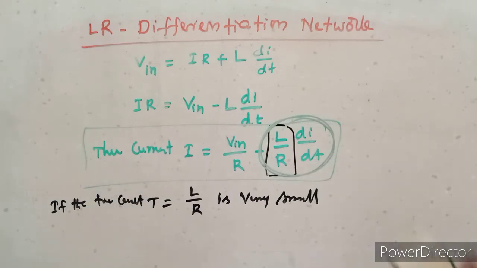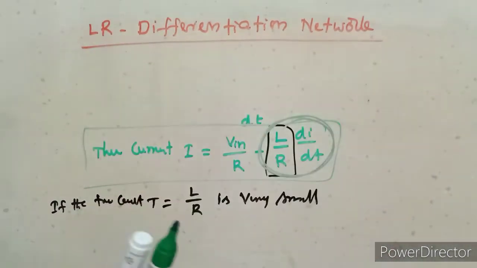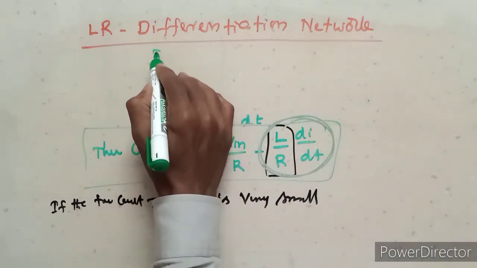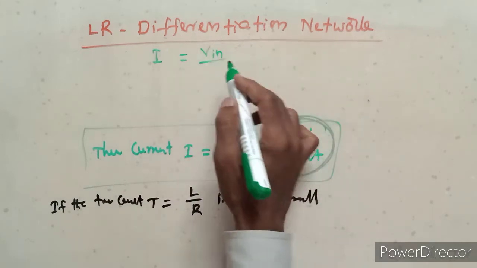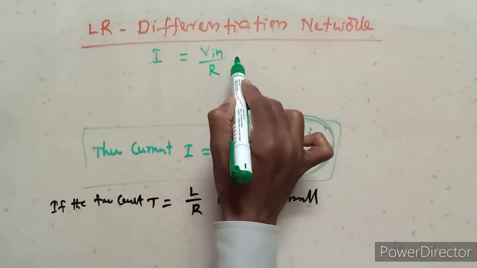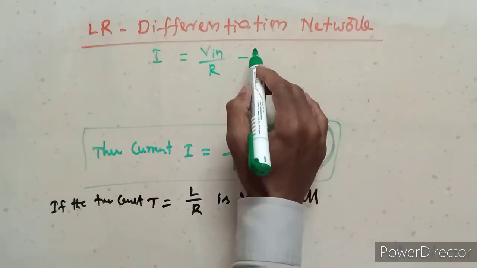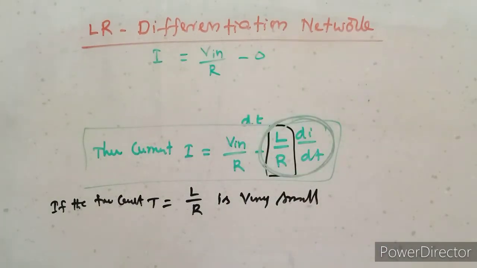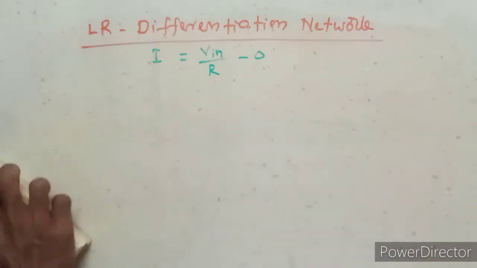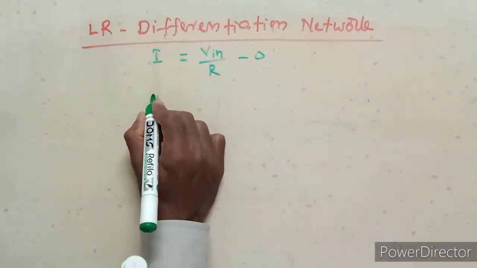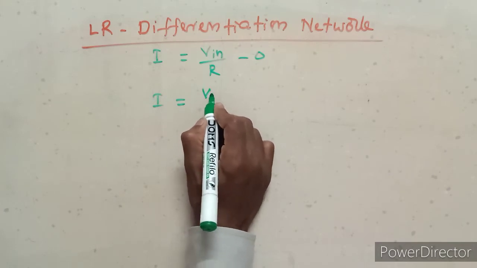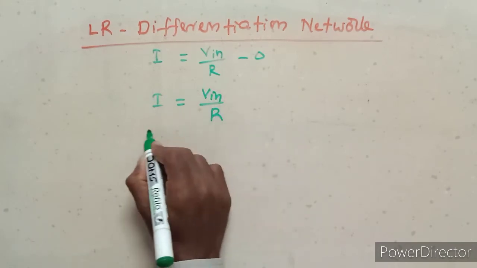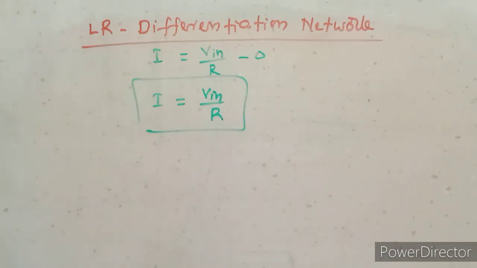So this equation can be written as current equals input voltage upon R, the neglected term being 0. Then the current I equals input voltage upon R.